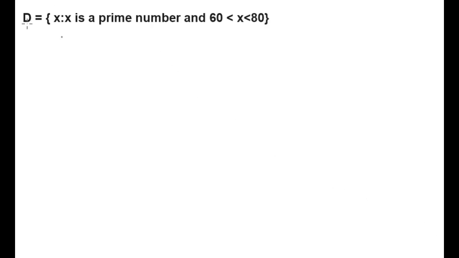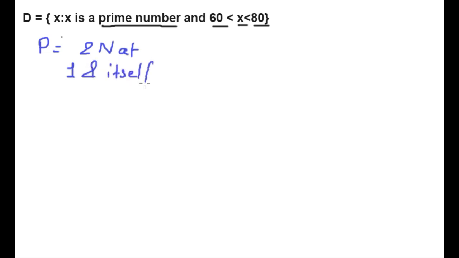So our question is D equal to set of x where x is a prime number and x is greater than 60 and less than 80. So prime number, we know, is a number which is divisible by two natural numbers, that is 1 and itself.